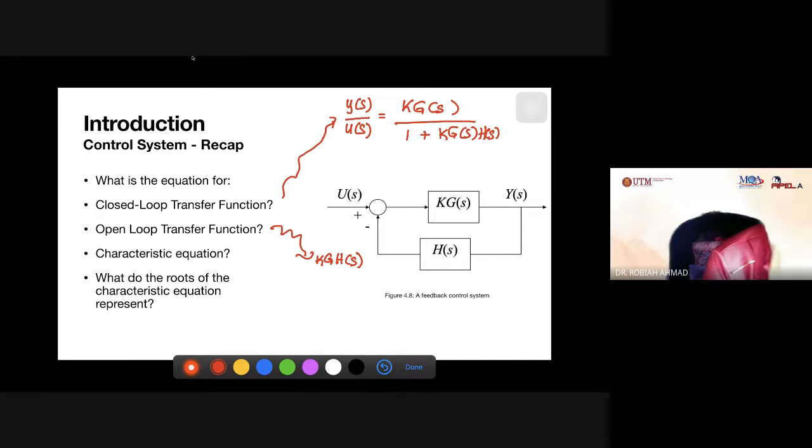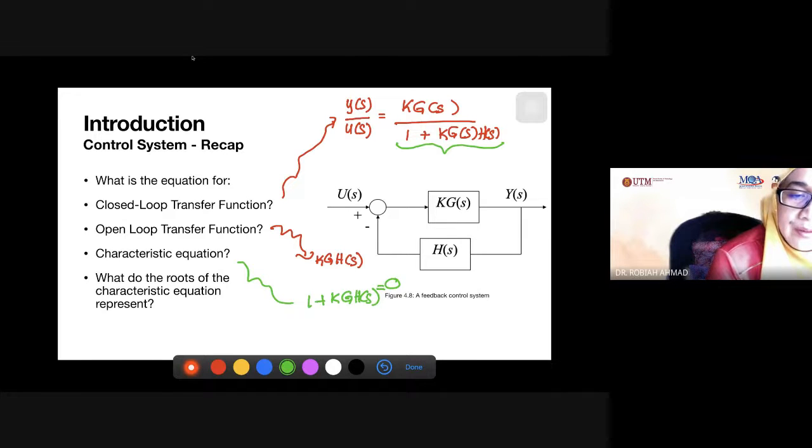What about the characteristic equation? From the previous slide, the characteristic equation is this one, and we equate it to zero. So the characteristic equation will be 1 plus K G(s) H(s) equal to zero.